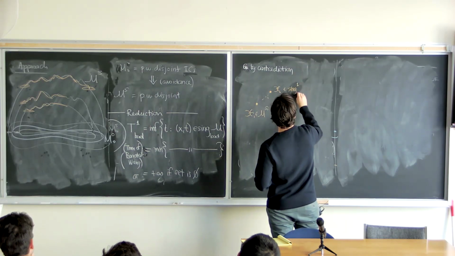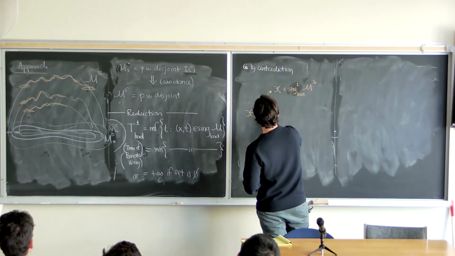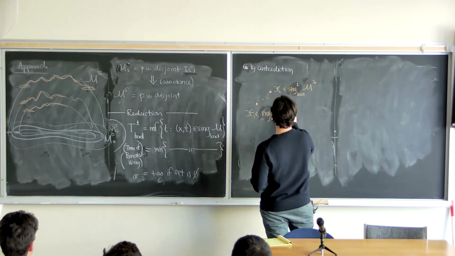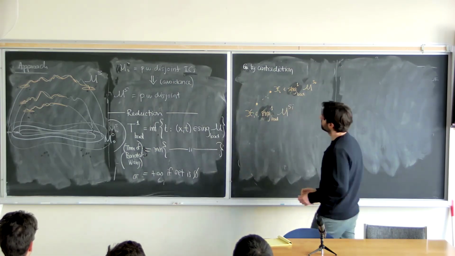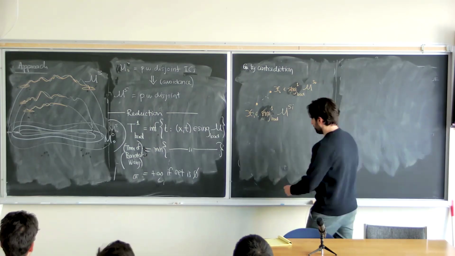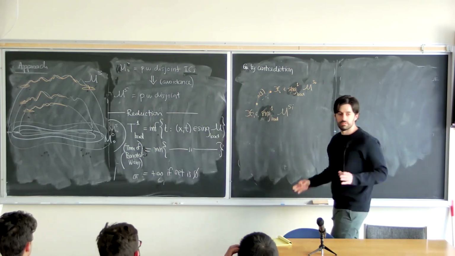So X0 is in Sing_bad^1 of M_{S0}, and this is in Sing_bad^1 of M_{Si}. And this is of scale little o of 1.